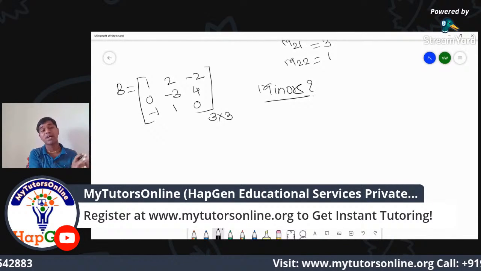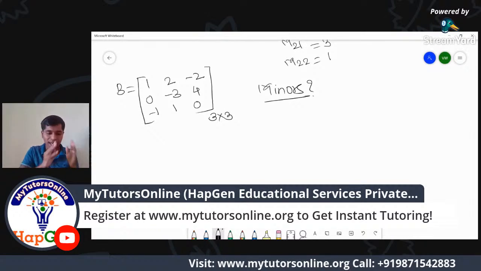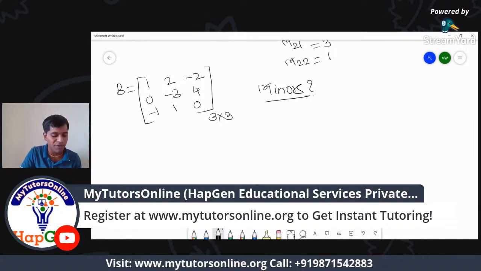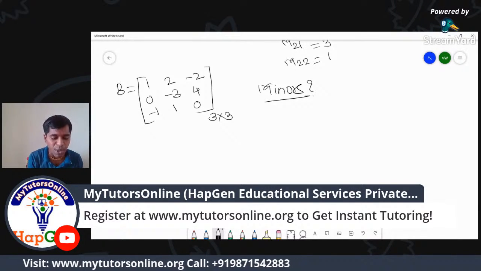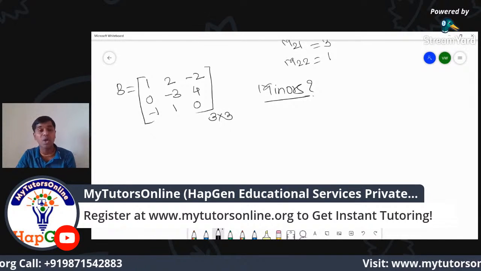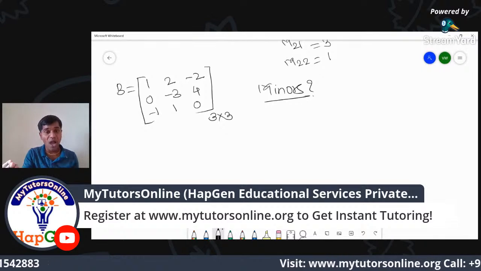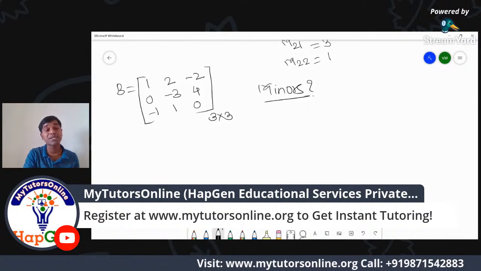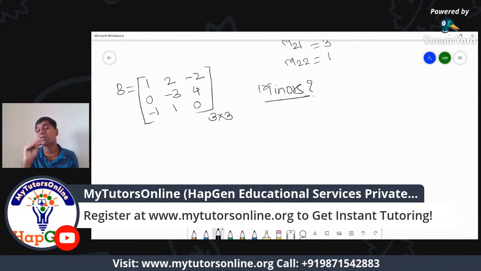So determinant we have learned. The ultimate purpose of solving the determinant is this: so that I can calculate the inverse of any matrix, using the basic concepts of determinants.